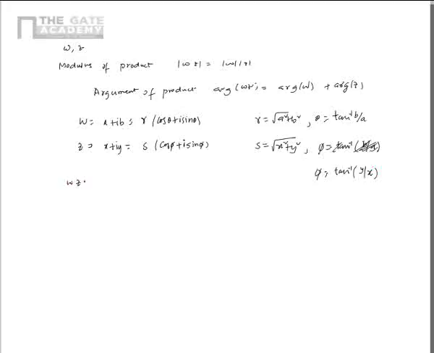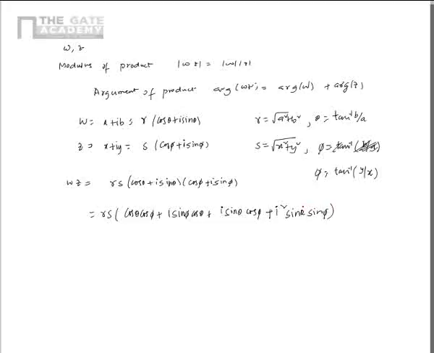Now the product will be wz. If you just multiply, it will be r into s, cos theta plus i sin theta into cos phi plus i sin phi. So if you multiply these two together, you will get cos theta cos phi plus i sin phi cos theta plus i sin theta cos phi, and then i square sin theta sin phi.